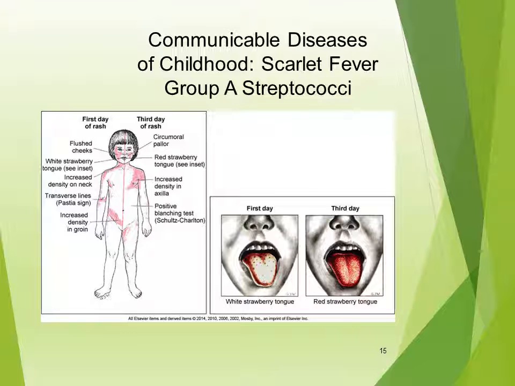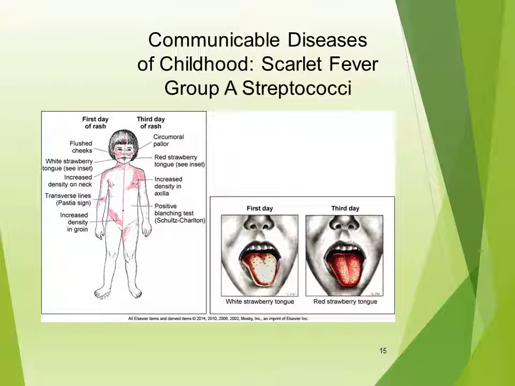Now the skin where the rash is will slough off, and it begins about 3 weeks after infection, and we call it sandpaper skin because that's what it feels like, and it will just peel off and slough off, and it can be the body and also the palms of the hands and the soles of the feet.